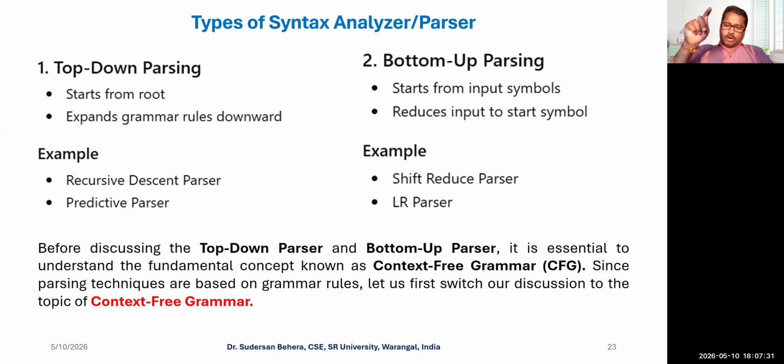Now, whether all context-free grammars are utilized by both the top-down and bottom-up parsers is a question that needs to be answered. All these things we need to understand before we start the discussion on the top-down parser as well as the principles of the bottom-up parser. So let us switch the topic here.